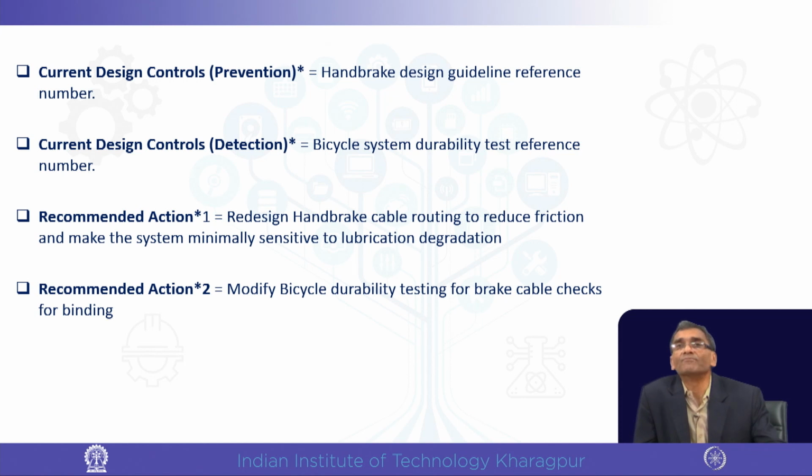Now, what is the outcome of this multiplication of severity, occurrence and detection difficulty? Suppose it is 10, 5 and 2, and something else is say 8, 2 and 1. So, 8, 2 and 1 give a product of 8 into 2 into 1, 16.